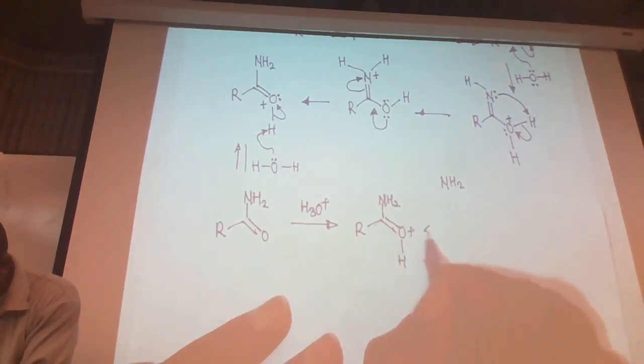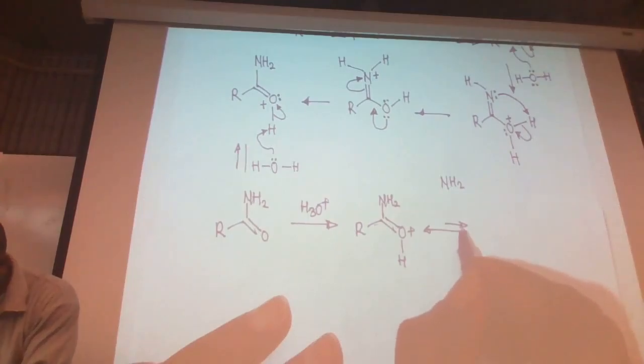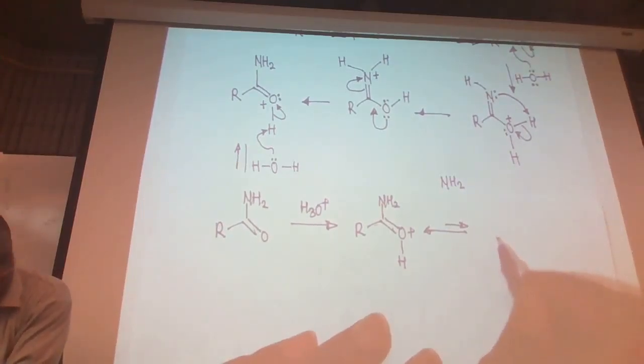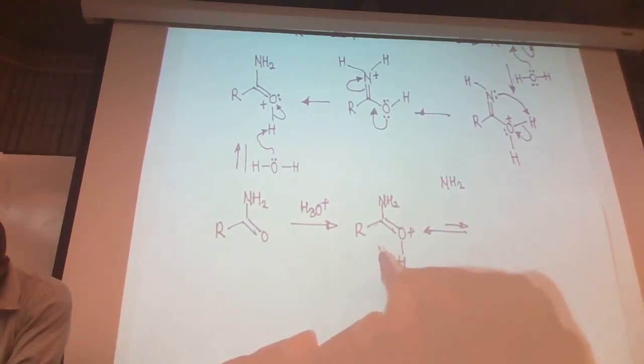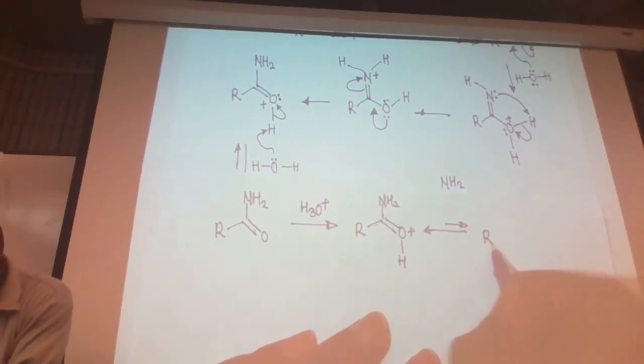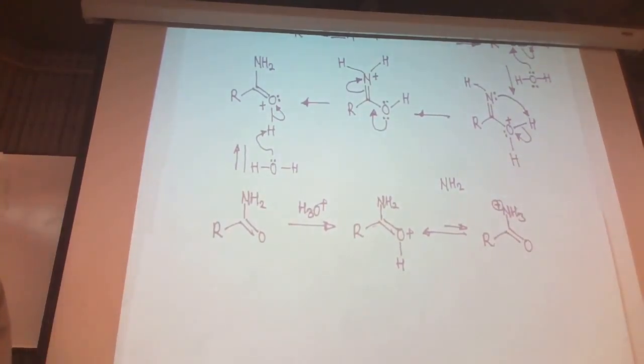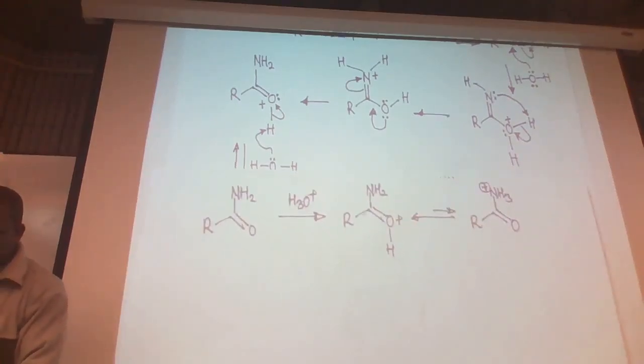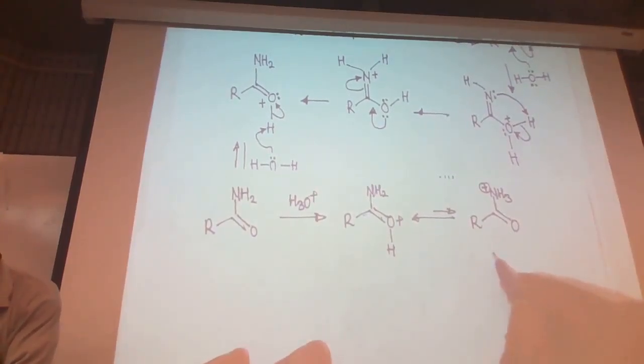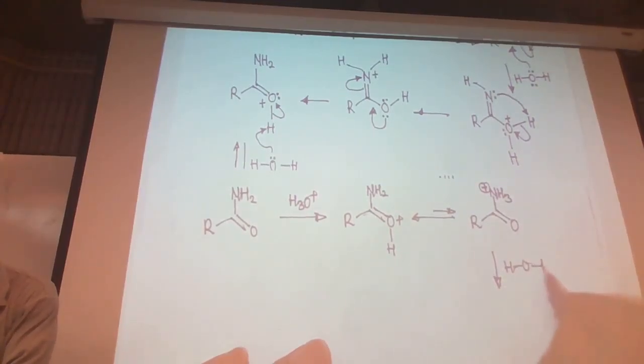But you could also have small amounts, so that you have an equilibrium that is shifted towards this intermediate more. But you could have small amounts of the nitrogen being protonated instead of the oxygen, correct? And if you have that, if you want to use this intermediate, the water can act as a nucleophile at this point.